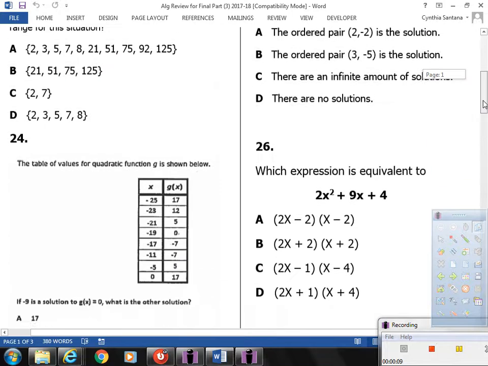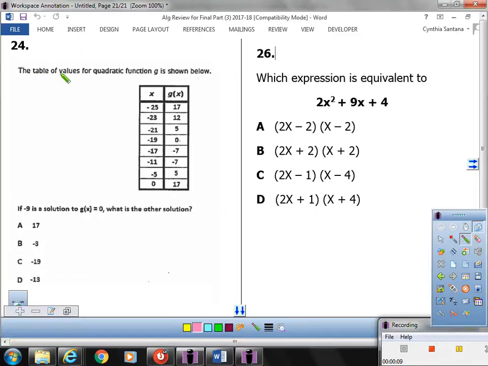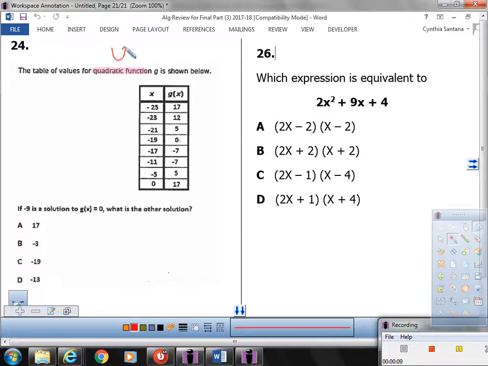Look for those keywords. Number 24, it says the table of values for the quadratic function g is shown below. So this is a table for a quadratic. Remember that quadratics are your U-shaped curves, your parabolas.